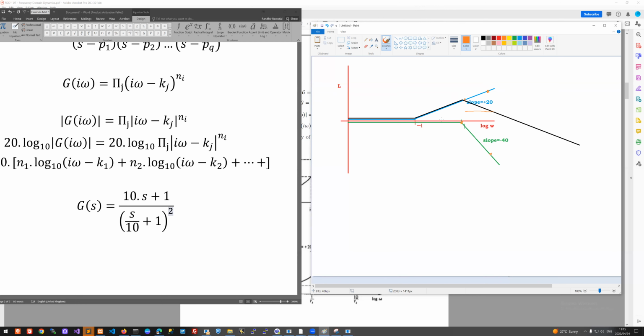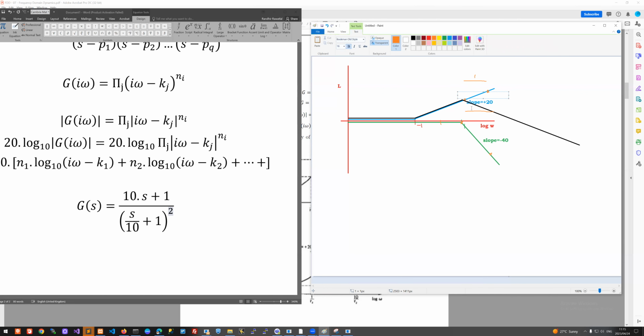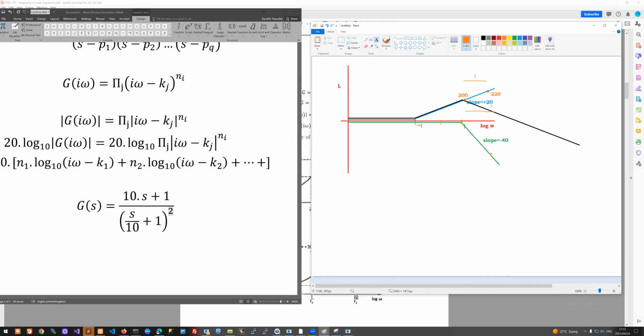And it's about right, because that's -1 to 0 and 0 to 1. So let's say this is a distance of 1. So we've got 200 or something. So if this L value is 200, then the value here is going to be 220, right? So it's 1 times 20.